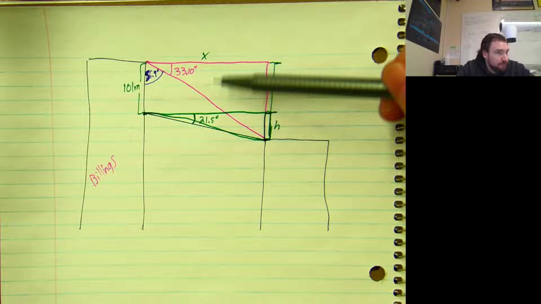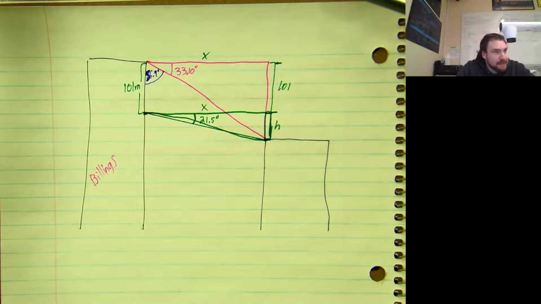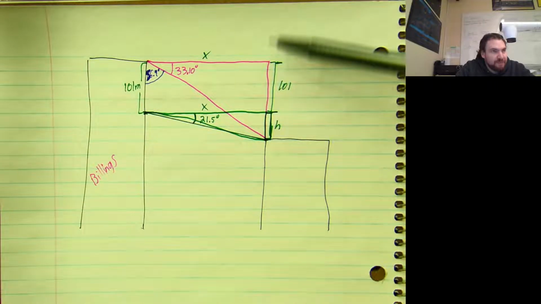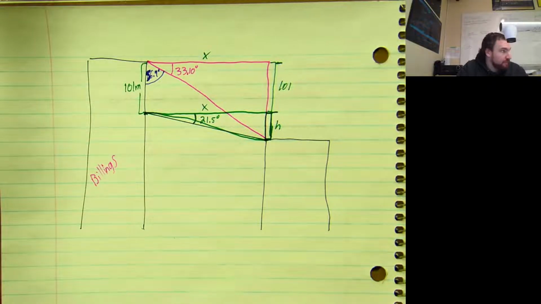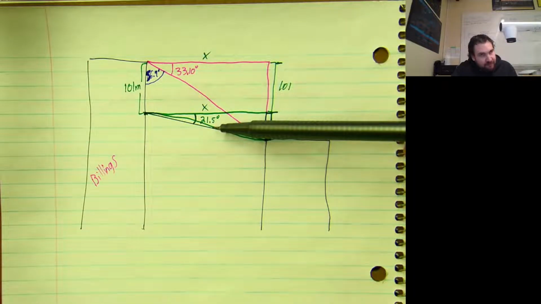And we're dealing with the opposite. Thank you, whoever said that. This side is opposite that angle. So if I'm dealing with opposites and adjacents, I'm probably going to need which trig ratio? Tangent. So I'm going to use the tan ratio with both these angles. See what we get.